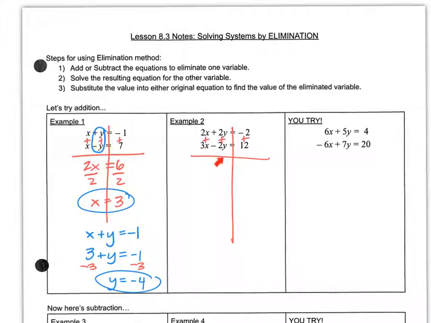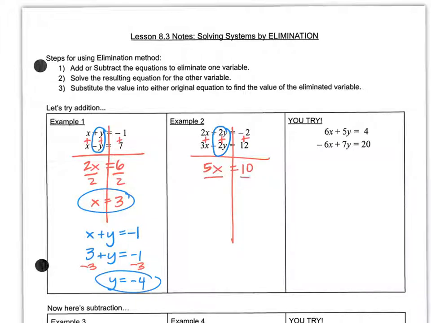We want to make sure we eliminated something. So what did we eliminate, the x or the y? The y, we have positive 2y plus -2y, and that is our 0. Going to add 2x plus 3x. That gives me 5x. And then finally, I'm going to add -2 plus 12. That is positive 10.